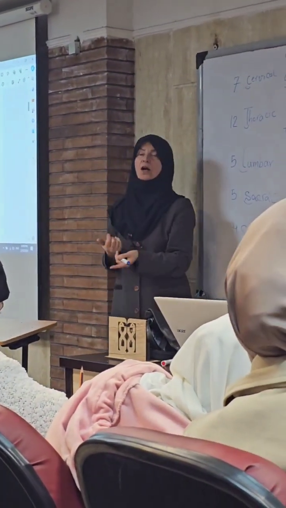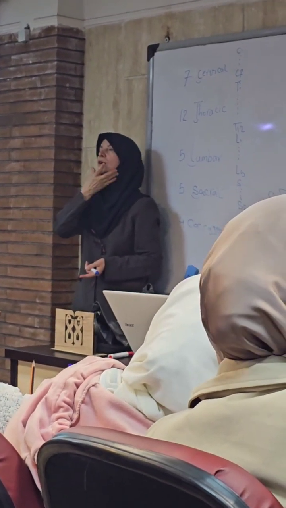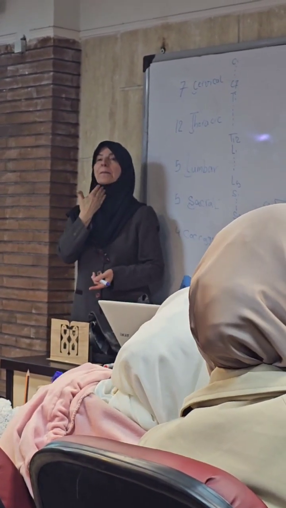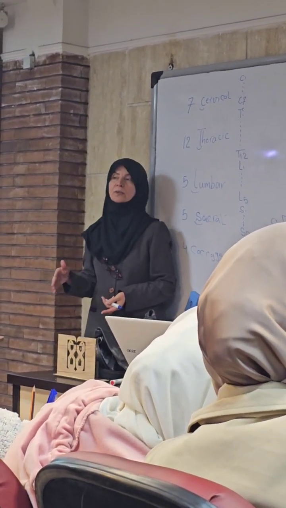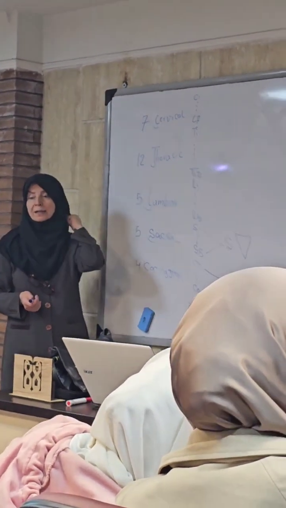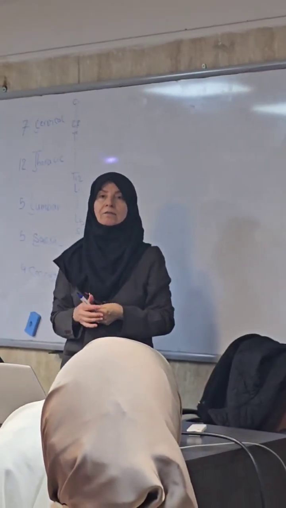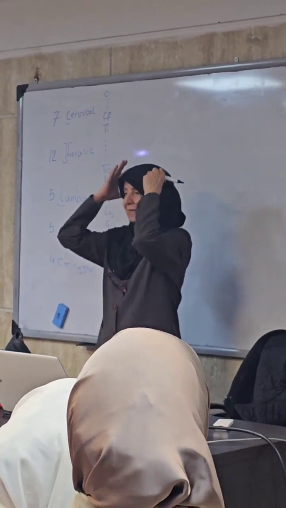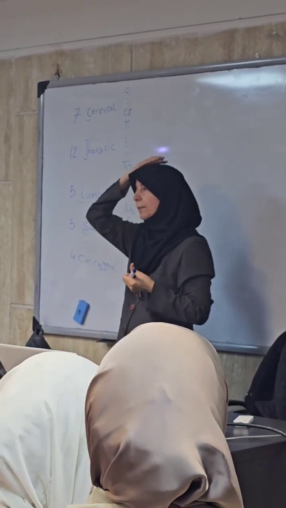This vertebral column begins at the base of the skull, and in the midline it comes down and continues to the pelvic region. Inside of the vertebral column, the spinal cord is found. We can imagine that the skull supports and protects the brain.